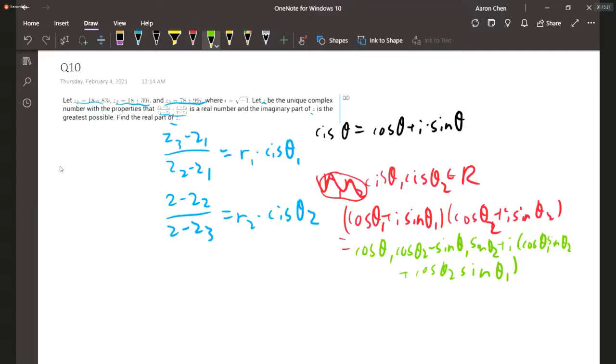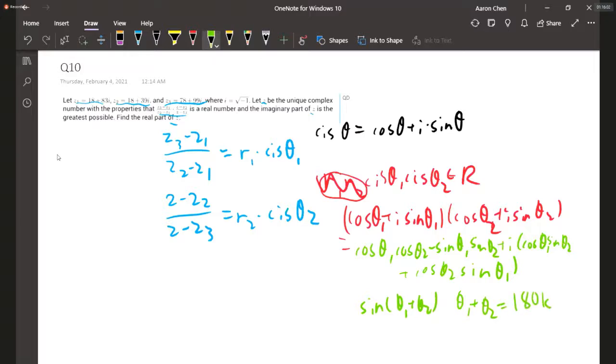The imaginary part we can see is just equal to sine of theta 1 plus theta 2. So now we need that this is real, and this is only true when theta 1 plus theta 2 equals 180k for some integer k.